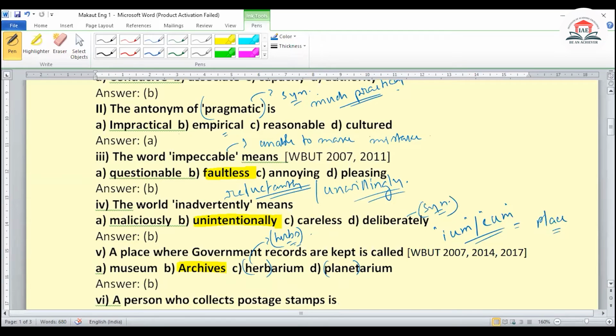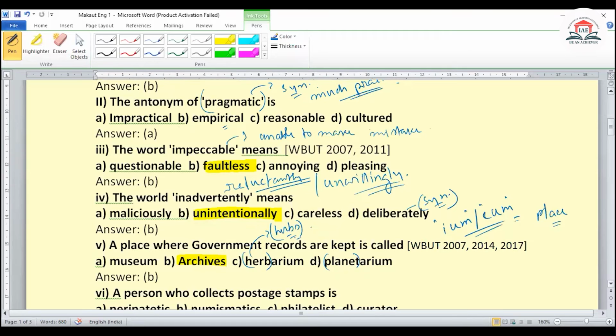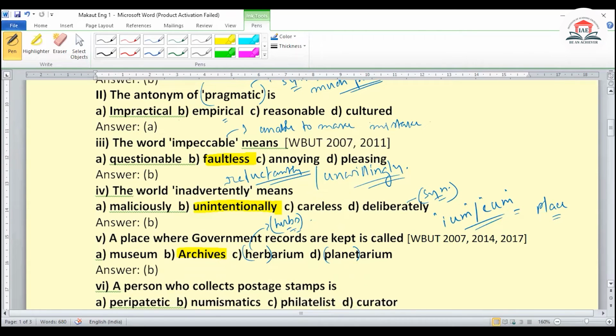A person who collects postage stamps is called. It's a very common one. Even without any option, we can answer it. A person who collects postage stamp, and another popular question is a person who collects coins. These are two questions which are very often in your exam. A person who collects postage stamp is called what?